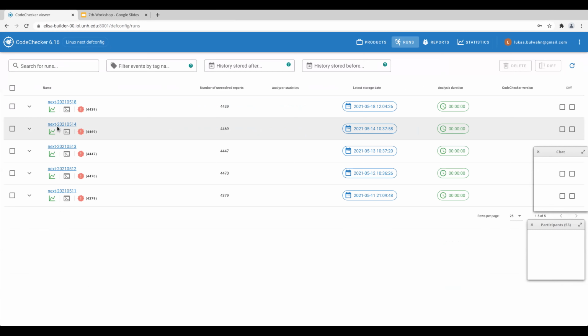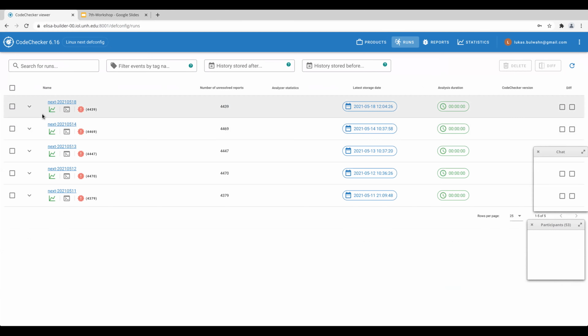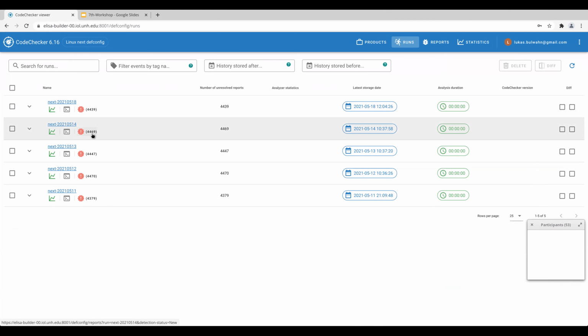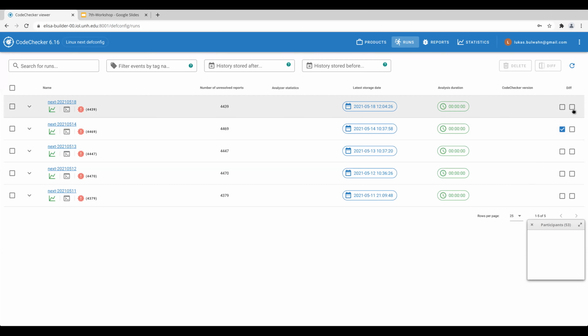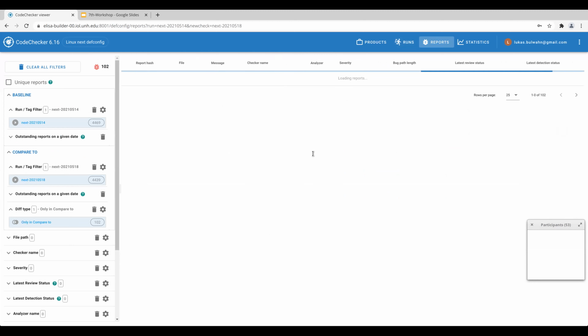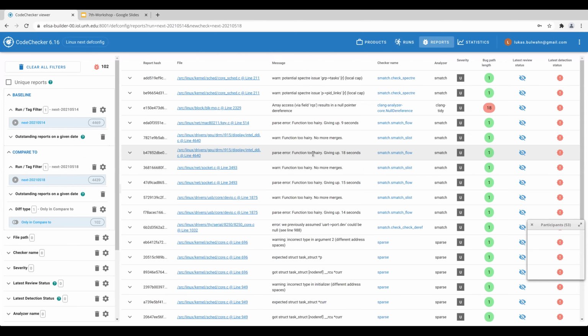Here's a def config that we're using at the moment, and the set of findings is a bit much less, right? Around 5,000 findings, and there are also very many false positives. So what you can actually show in this graph, in this tool, is the new ones that appeared.